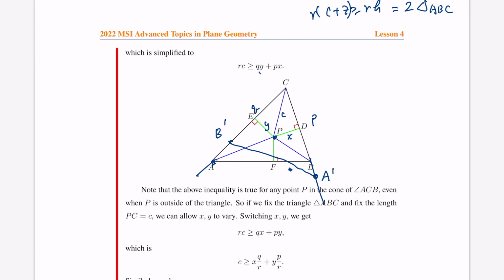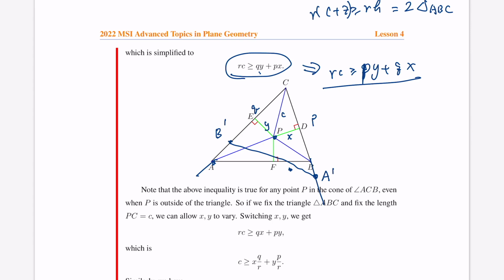So what I really prove is R times C is bigger than PY plus QX. That's the magic. From this inequality, I can switch P and Q and get the second inequality.